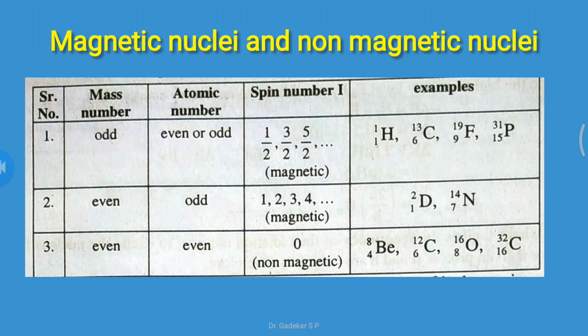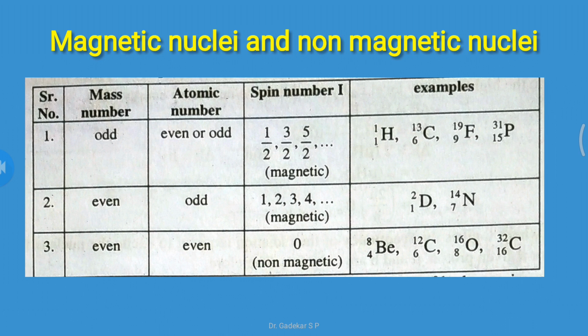Suppose carbon C6, C12: its mass number 12 is even and its atomic number 6 is also even. Even atomic number, even mass number, it's magnetically inactive.